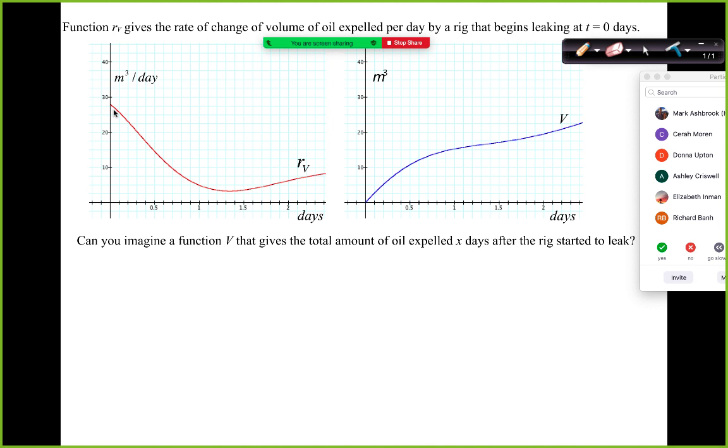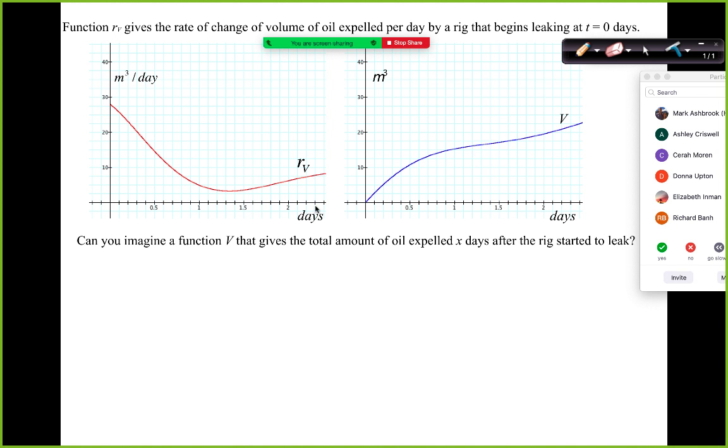So we have positive values of rate of change the whole time. Therefore, the accumulated oil in the ocean is always increasing, going up, exactly.